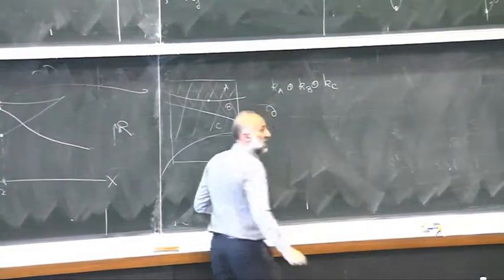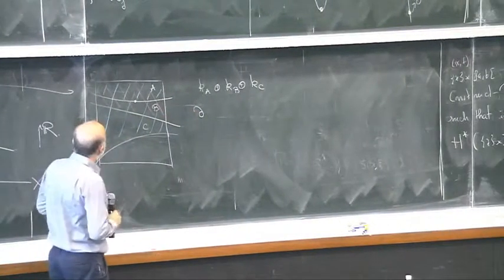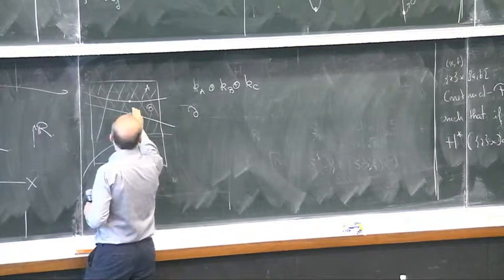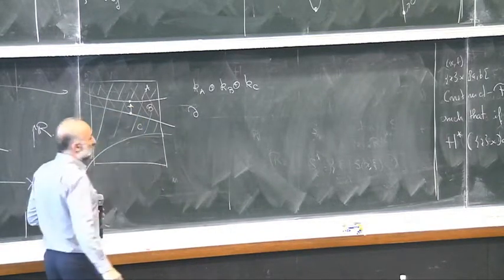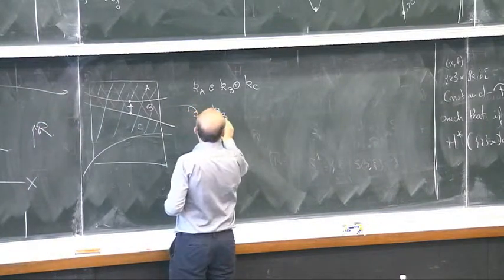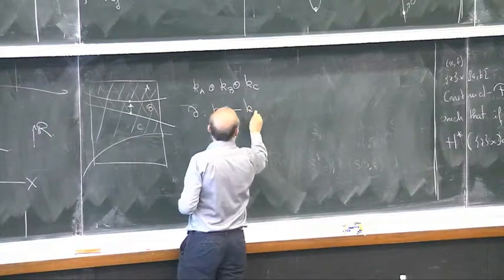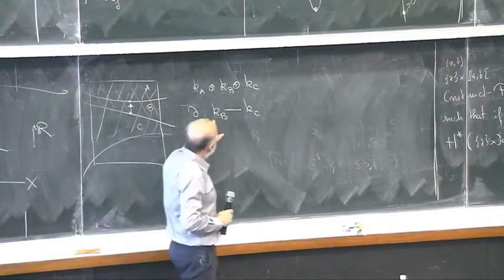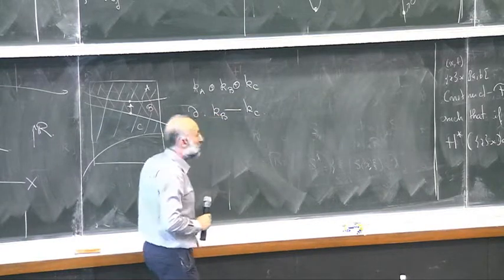And I have to say what the boundary map does. The boundary map I sort of described, because it's going to send this one to this one here. So D is going to send Kb to Kc, and there's an obvious way of mapping Kb to Kc.